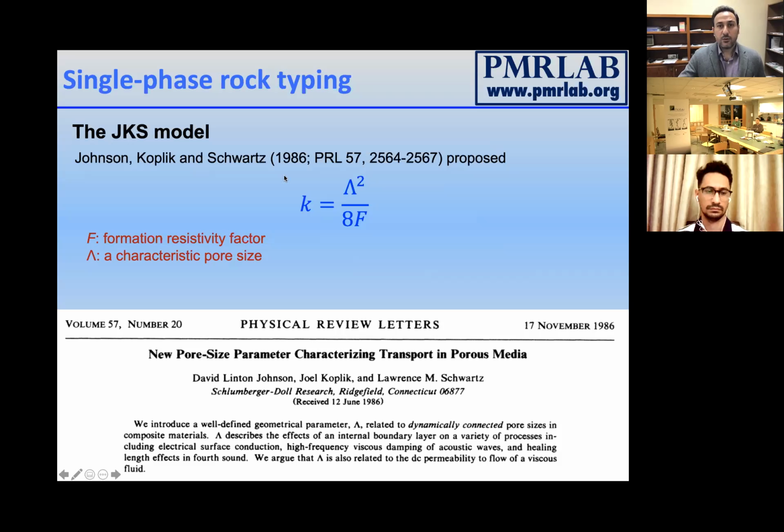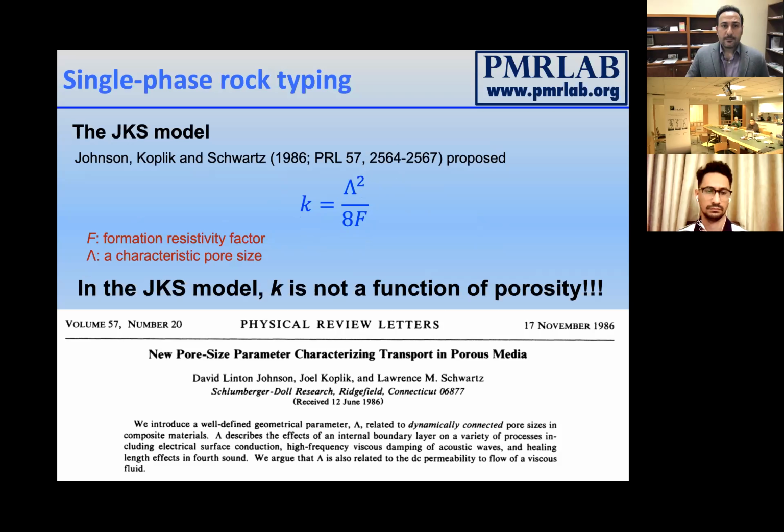Permeability would be linked to formation factor, or formation resistivity factor, and lambda. What is lambda? That's a characteristic pore size. So if you have the lambda value and the formation factor, you can easily estimate permeability, and I'm going to tell you later how you can do that. But this is based on theory published in Physical Review Letters in 1986.